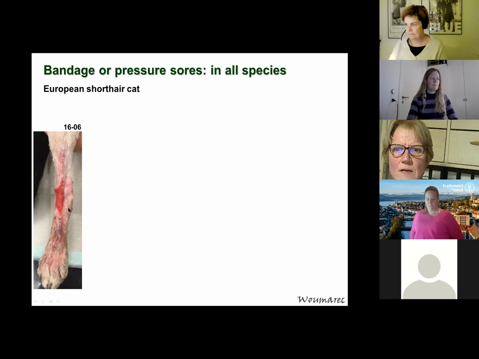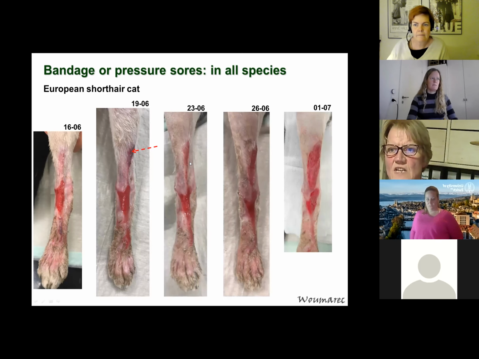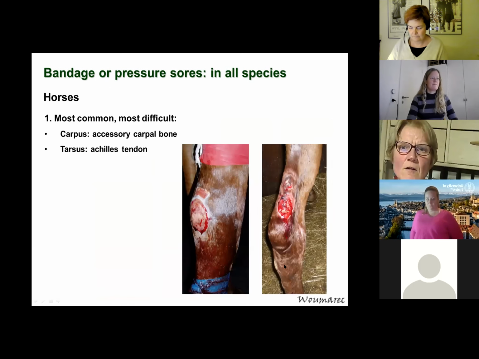This has been quite a large burn wound, and the wound is healing quite quickly. And then at some day, you see a dark spot on the skin, and something is going on over there. And in the further process of the healing, you can see that an additional wound develops at this site. And hopefully, Mirja can tell us more about these kinds of problems later on.